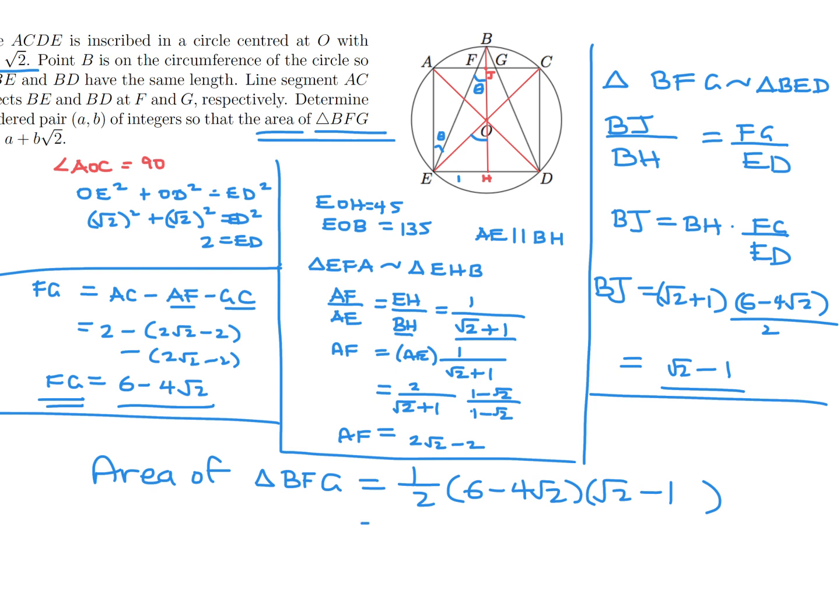When you crunch out these numbers, it's minus 7 plus 5 root 2. They're saying that is equal to A plus B root 2. Therefore A is minus 7 and B is 5. So minus 7, 5 is the answer to this question.